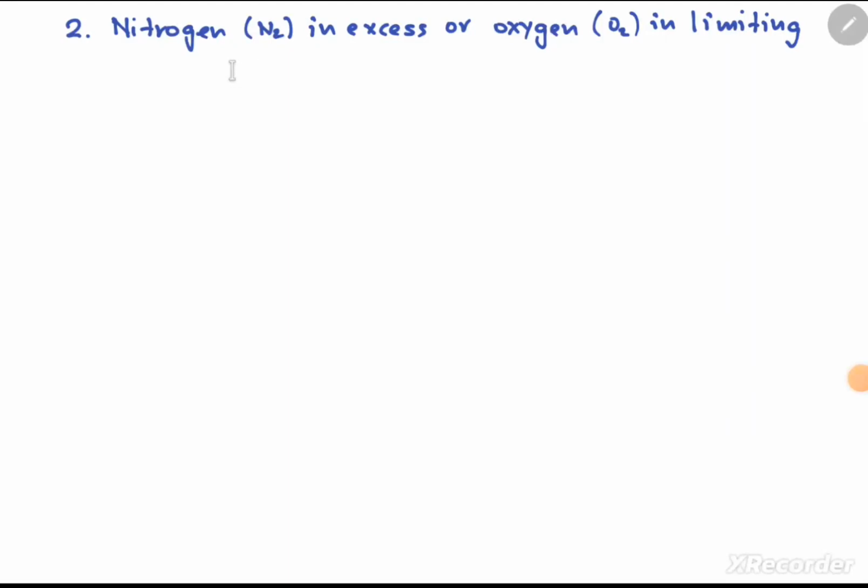Whatever we have, c mol, bigger than b mol nitrogen, and 2b mol oxygen.